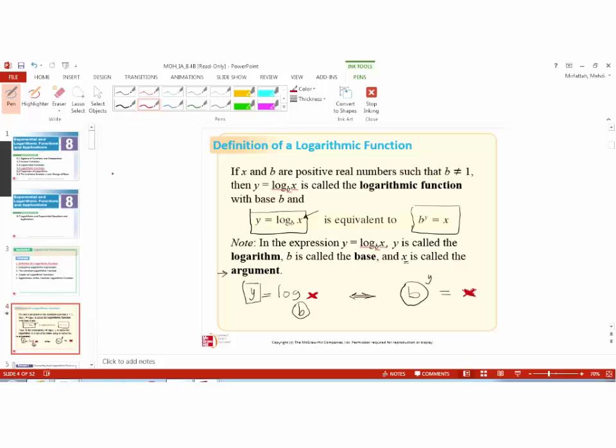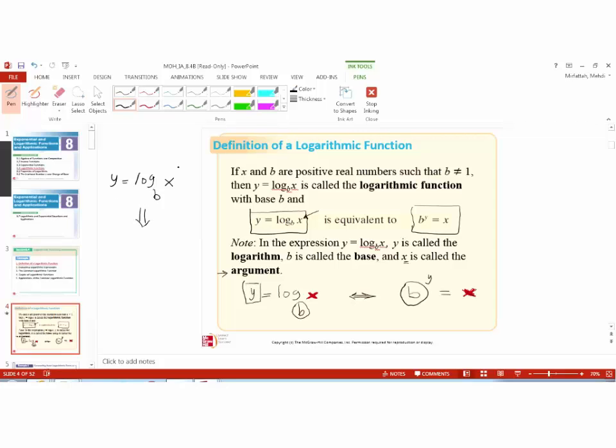But the main thing you have to remember is if I give you y is equal to log of x, if there's no number here, it's understood that the base is 10. If it's any other number, I'm going to indicate what that is. I'm going to call it b now.